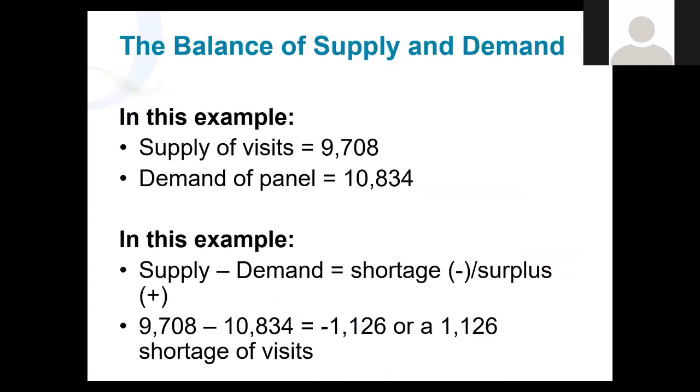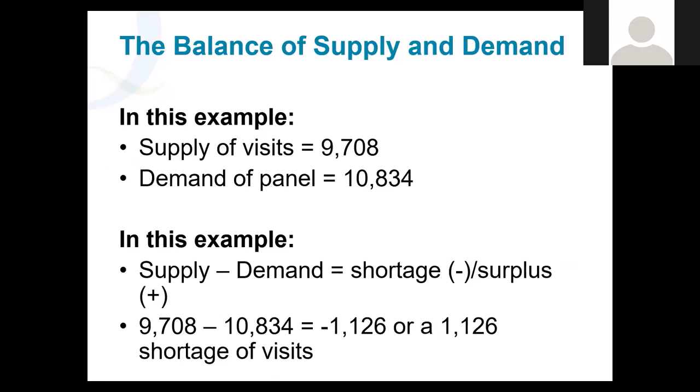If we look at the balance of supply and demand, in this example, the supply that the physician was able to provide was 9,708, but the demand of the panel was 10,834. So when we look at this, we can see that there was a shortage of visits of 1,126 for this panel.